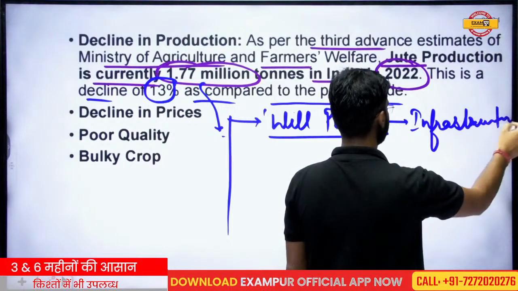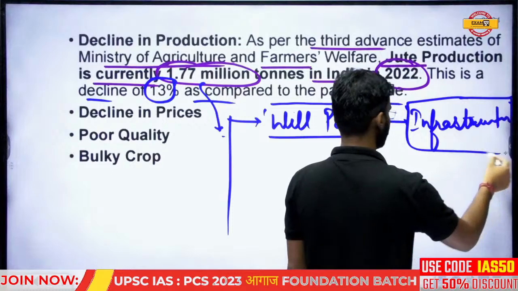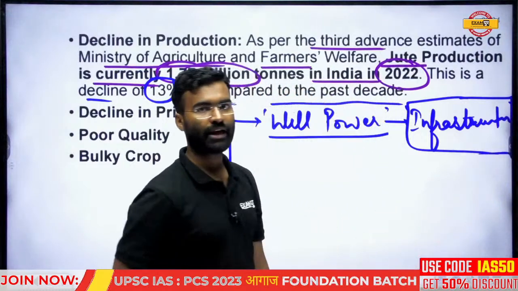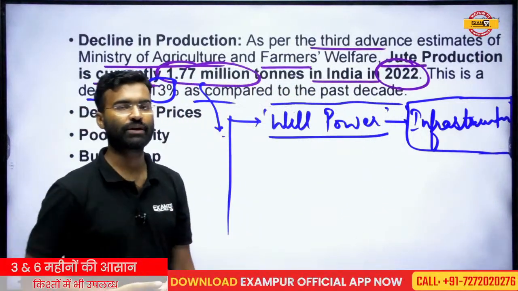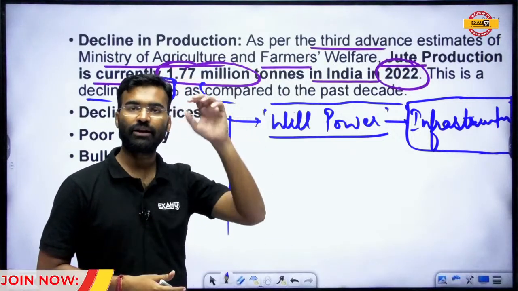If you don't have the infrastructure, how can you expect any farmer to be keen to produce a product which is not supported by infrastructure?